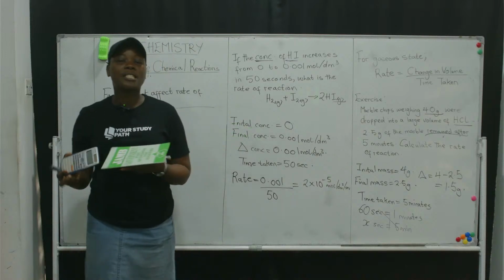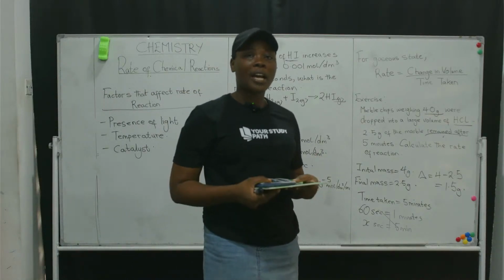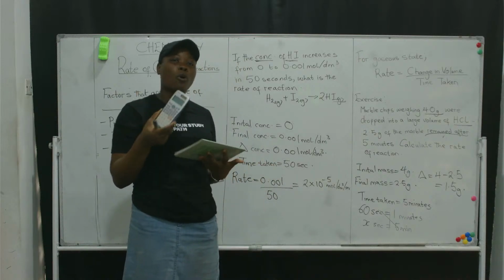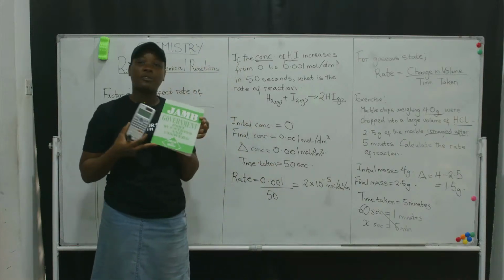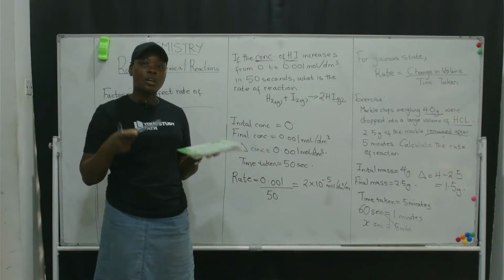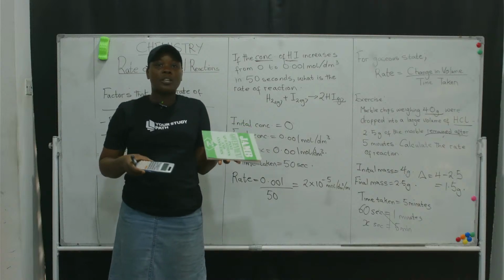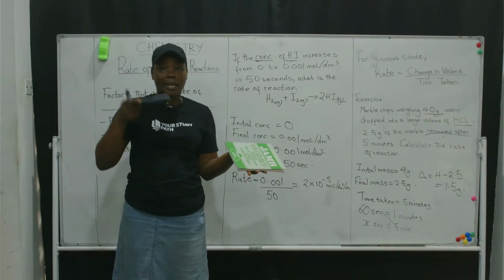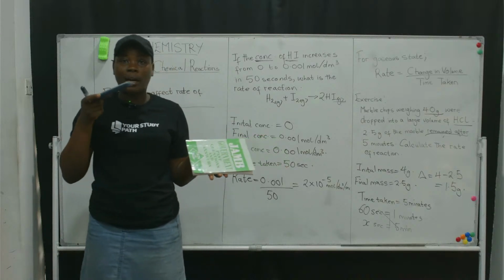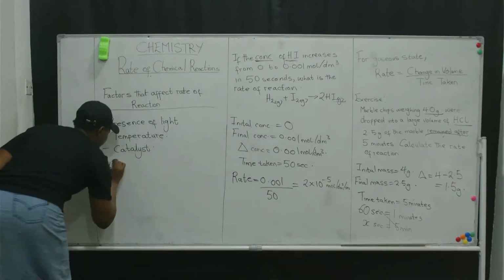For solid state, surface area is a factor that affects rate of reaction. When the surface area is small, the reaction occurs slower than when the surface area is wide. For two reactions in solid state, where we are considering surface area, the rate of reaction of this will be greater than this, because this has a larger surface area.